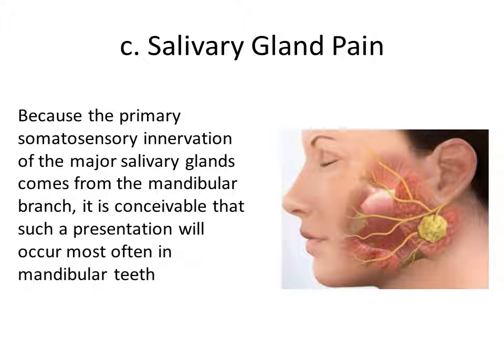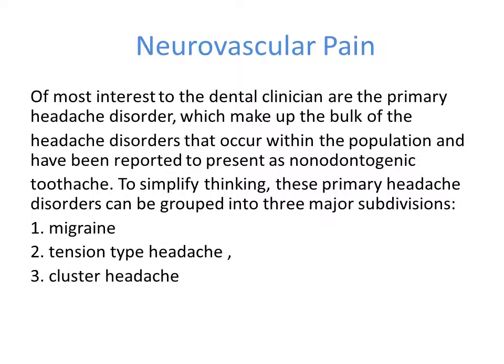Salivary gland pain is expected, especially since the mandibular branch of the trigeminal innervates the salivary gland in that region, so they are related. A problem in the salivary gland is always associated. The patient will come to you asking for help because of pain in the mandibular teeth, so a clear history can really help.